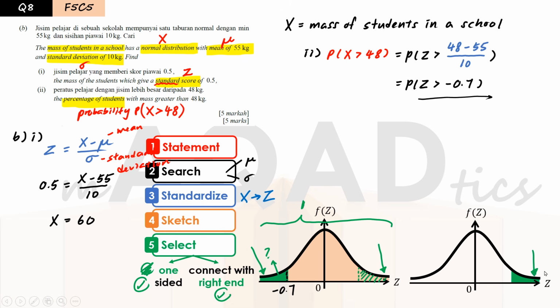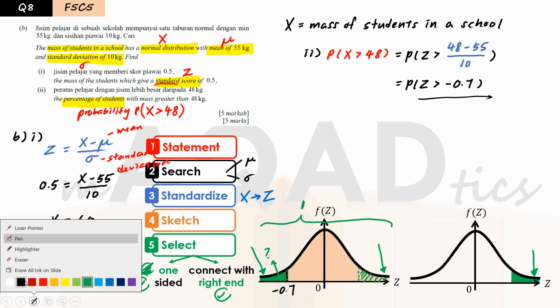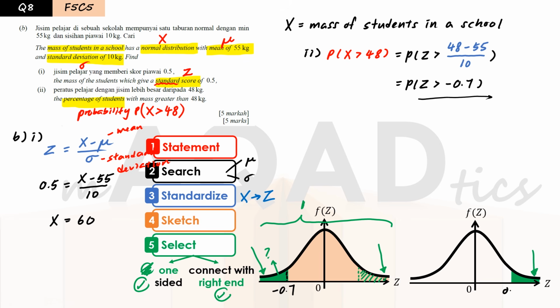Now, what would the value of z be? This value is now on the right side of the graph. Previously it was negative 0.7, so we just remove the negative, and it will be 0.7. So what is the probability that we are trying to find now?